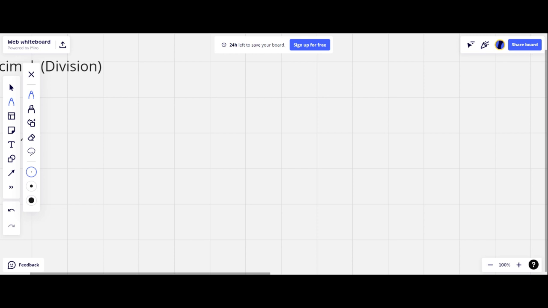Let's go on to a question where a whole number is divided by a decimal, divided by 1.2. So we can't really do that easily.